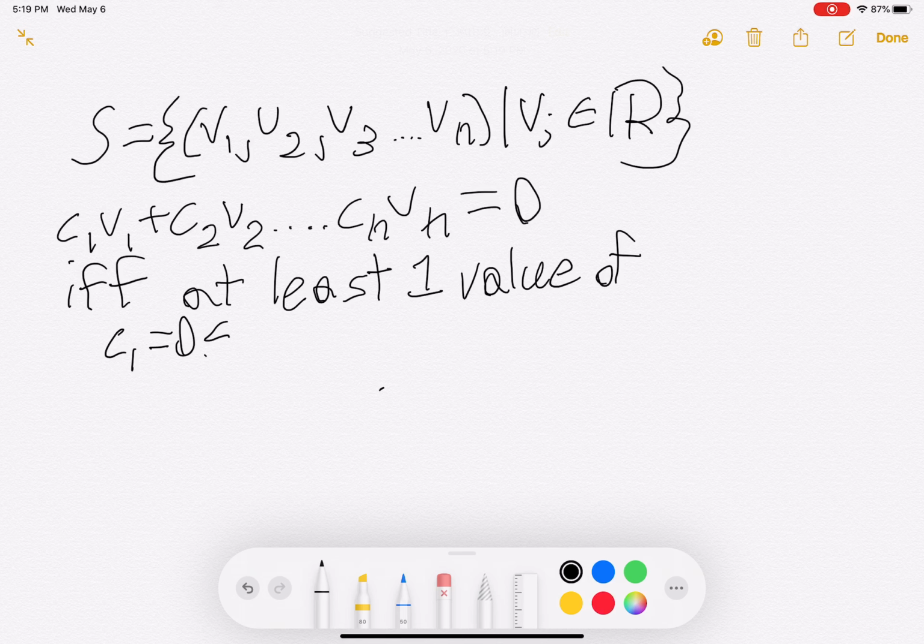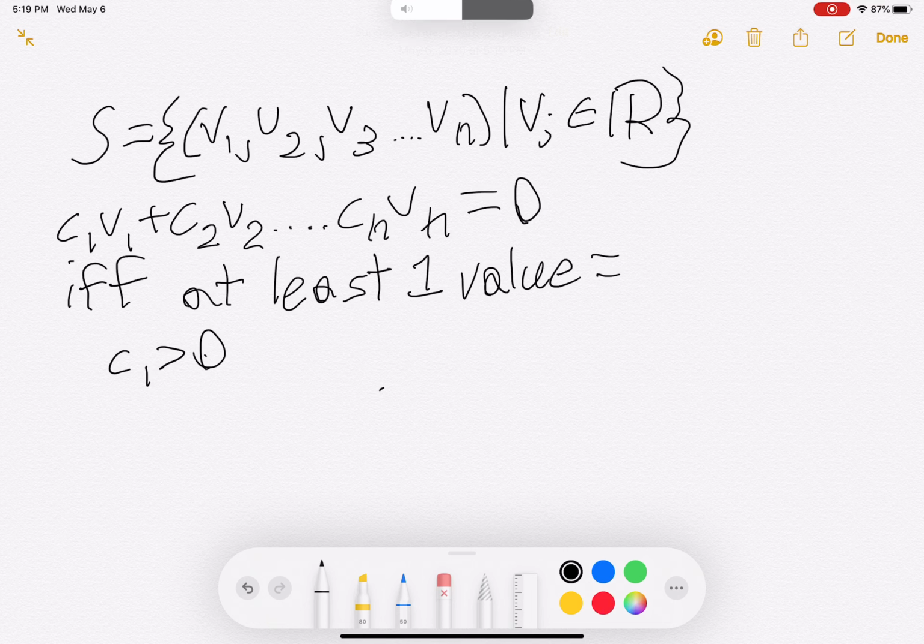Or let's rewrite this a bit. It's kind of confusing, isn't it? At least one value of ci is not zero. So that's our statement here, right?